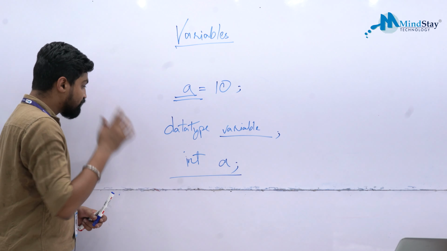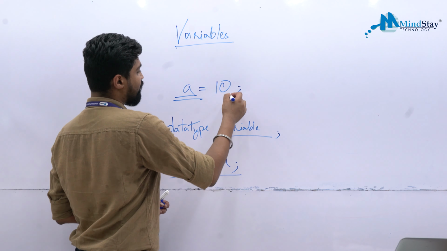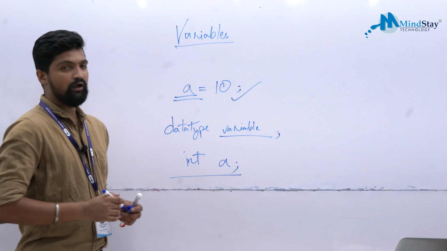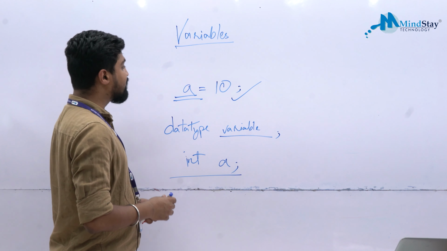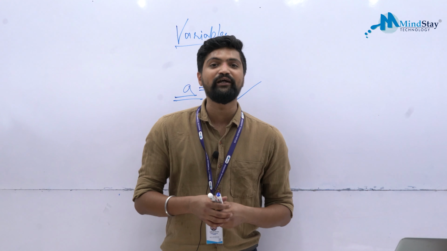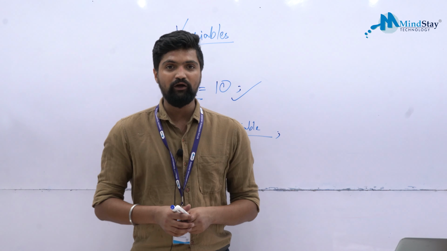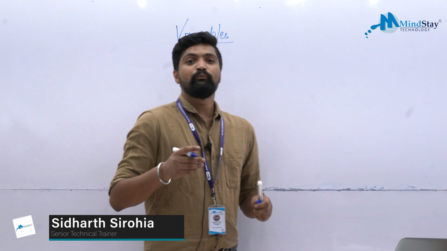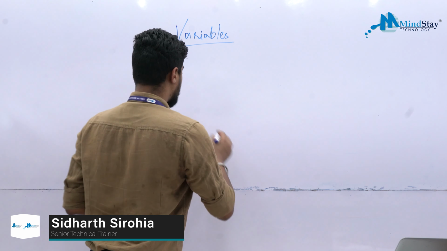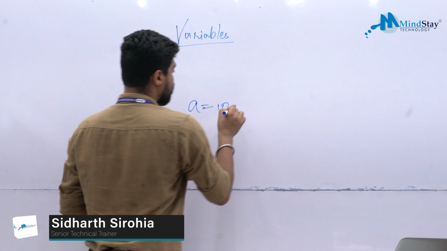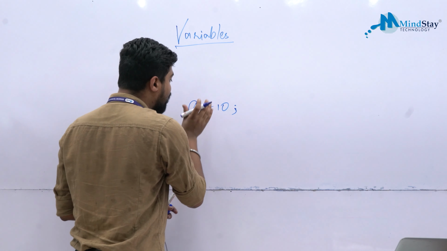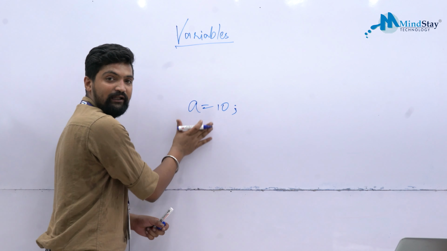Now after that you can write this line and you can assign a value to a variable. There are a few things that you have to understand when you are creating a variable. The first thing you should understand is that before storing a value to any variable, the variable must be declared.